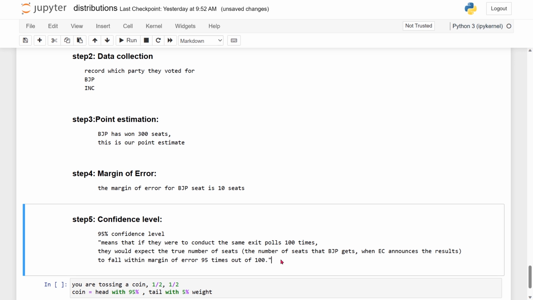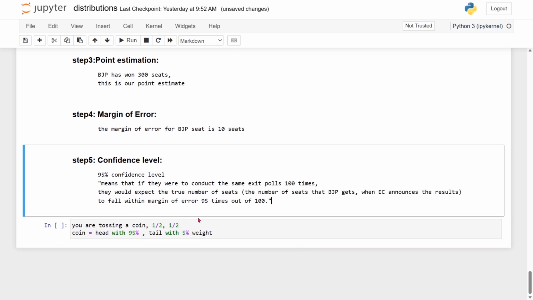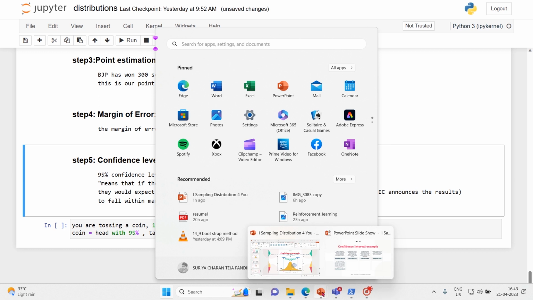But only 5 times there is a possibility of missing it. That means they are accepting that even if the actual value doesn't come under the value they have mentioned, still that's fine, because they are clearly telling there are 5% chances that it may go out. I hope you got my point. If not, ping me in the comments, I will explain.